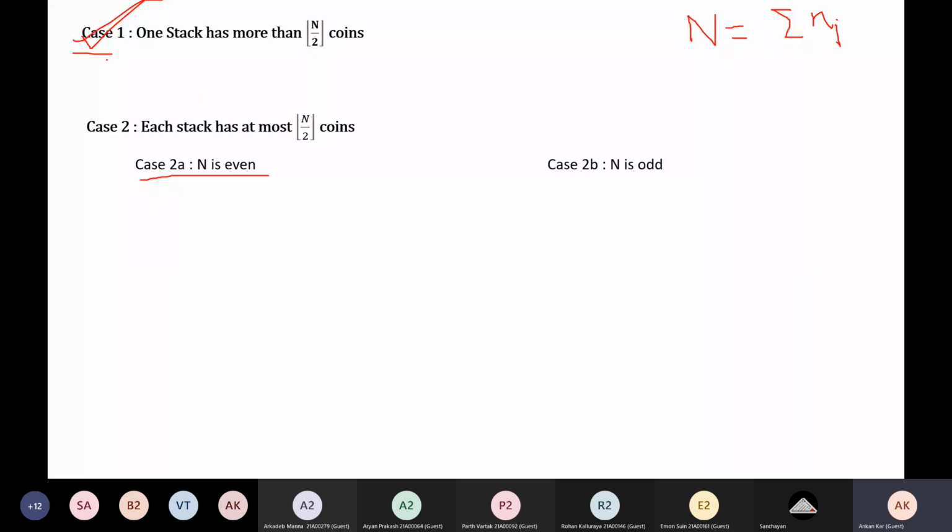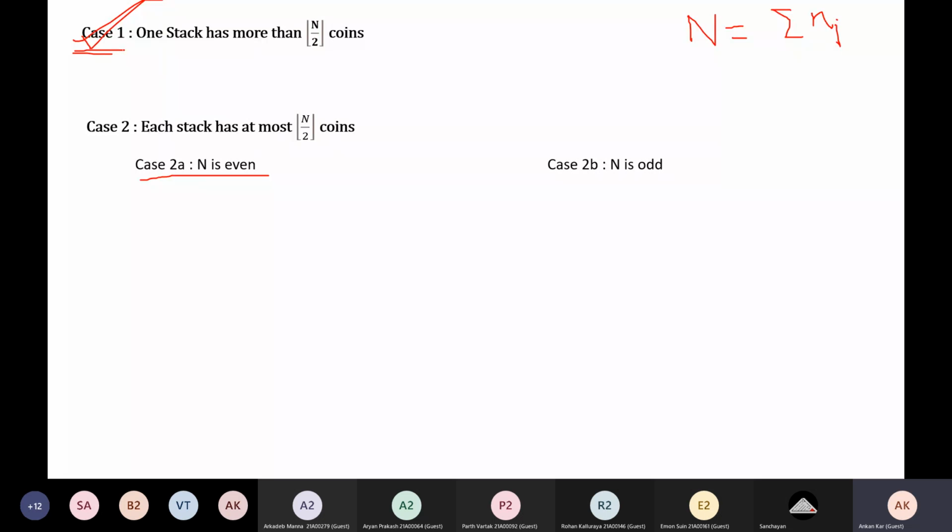If you are not reaching case one, then a point will reach when there will be only two stacks with one coin each.